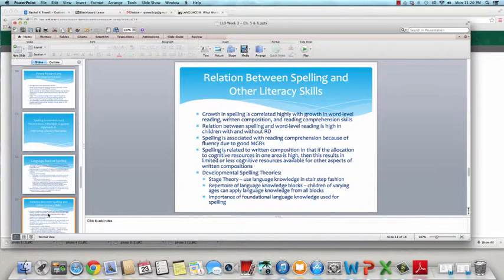So all children can be seen using that even as early as early stages of reading development. So there's an importance of foundational language knowledge used for spelling now. It's what the general theory is that you must have a foundational language knowledge to be able to spell adequately.